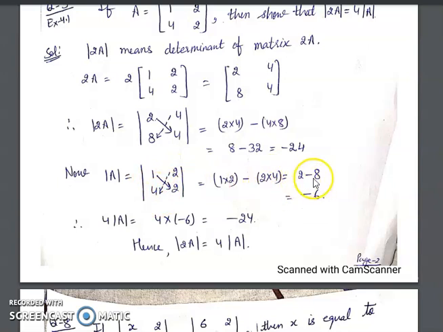So, 2 minus 8 is equal to minus 6. 4 times determinant A gives you 4 into minus 6, means minus 24. So you see left hand side is equal to right hand side. Hence determinant of 2A is equal to 4 times determinant of A.